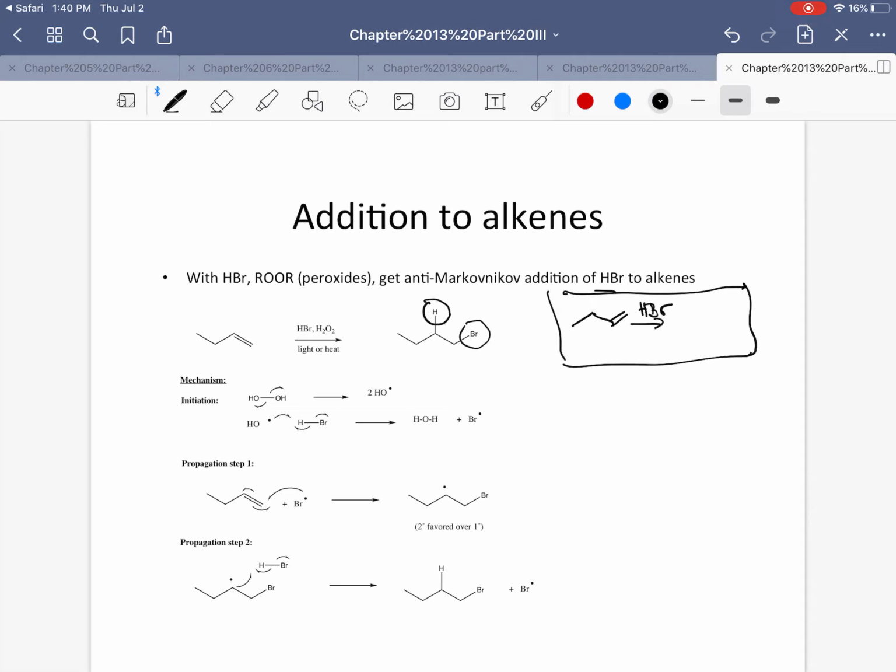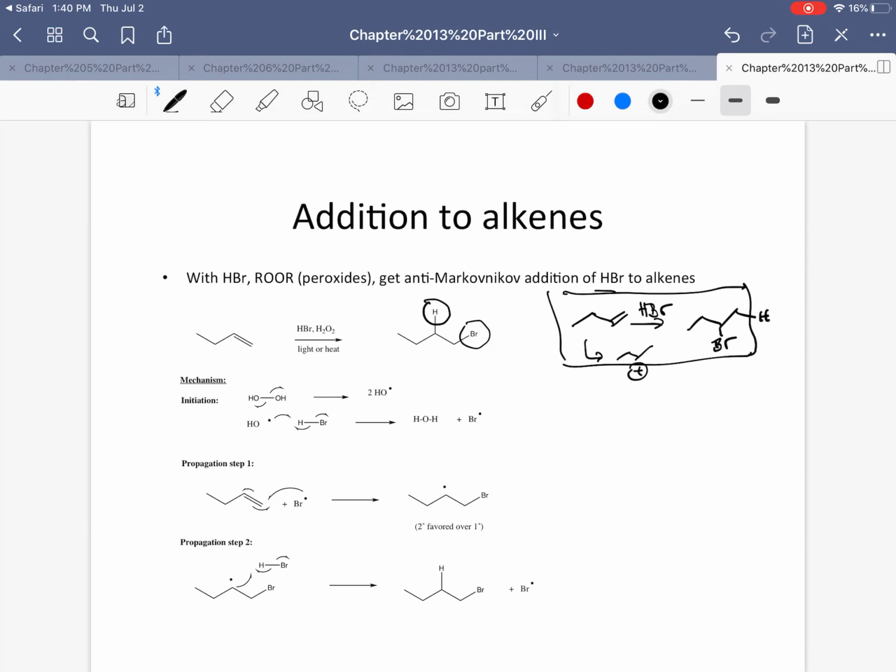Going back to chapter 10, if I had 1-butene and react with HBr, no peroxides, then you get Markovnikov addition, and the bromine ends up on the more substituted end. So you get a different product because it's a different mechanism.